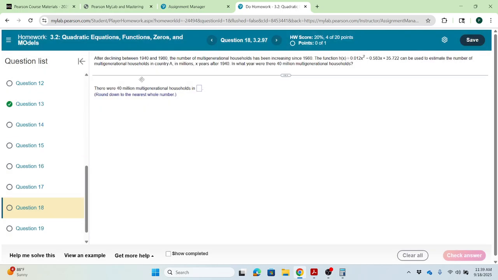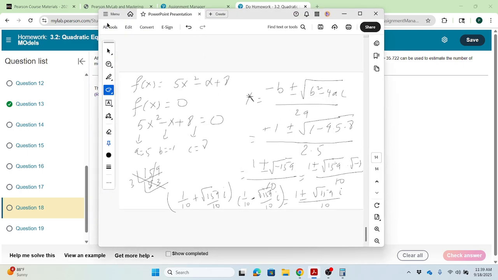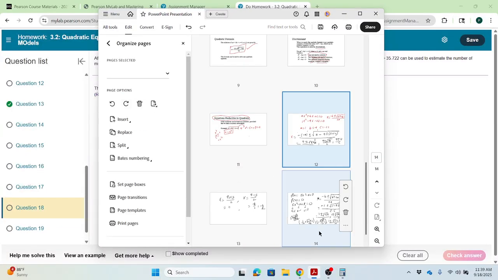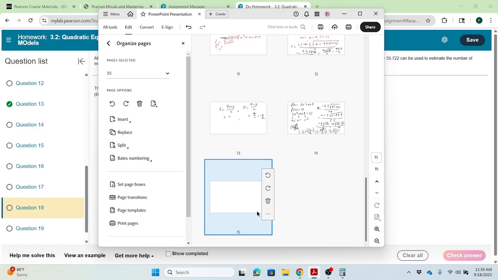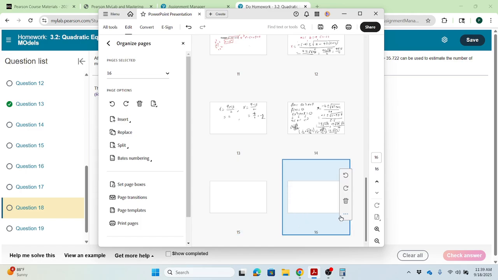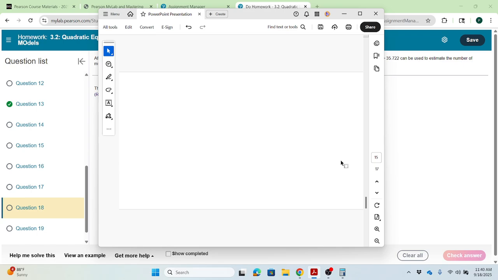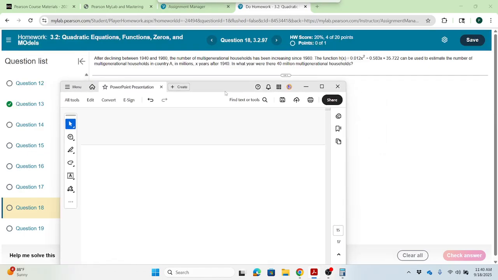Okay, this is one of the application problems. After declining between 1940 and 1980, so it's going down from 1940 to 1980, the number of multi-generational households has been increasing since 1980.